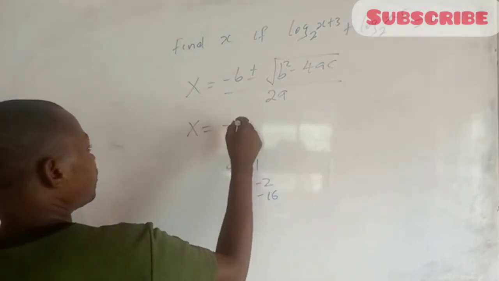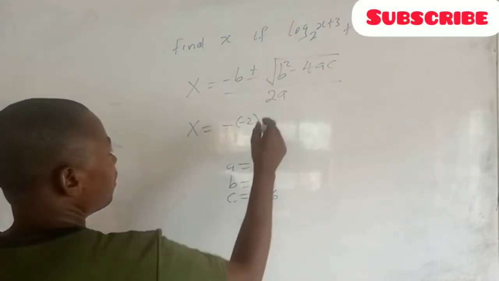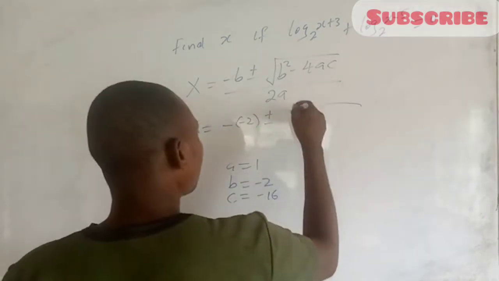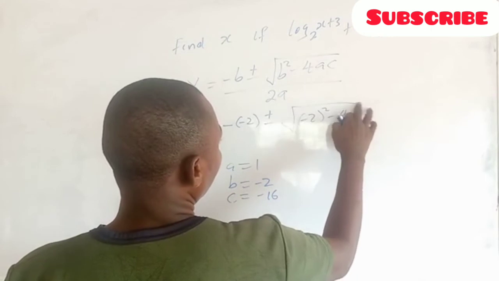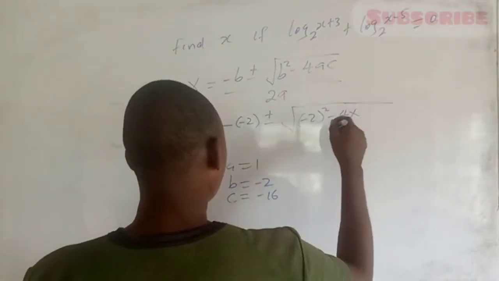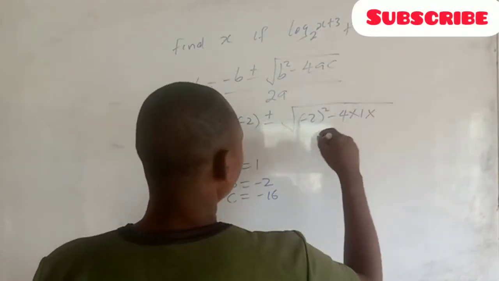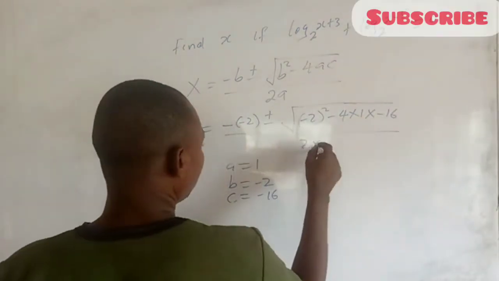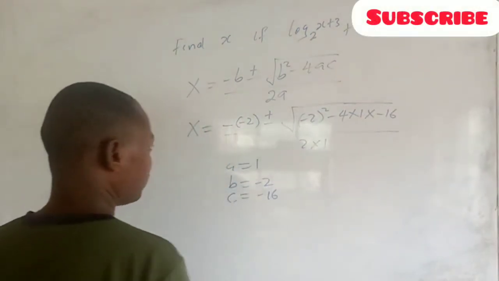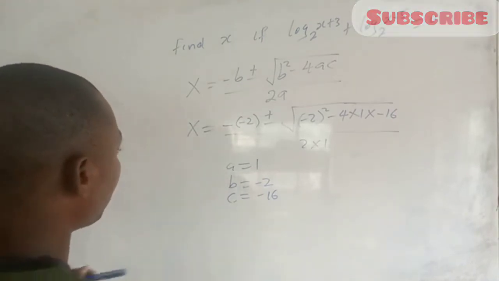We have a minus into minus 2, plus or minus square root of minus 2 all squared minus 4 times 1 times minus 16, over 2 times our a, which is 1. Okay, so we will simplify further.